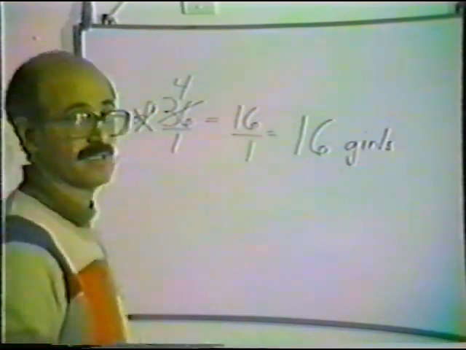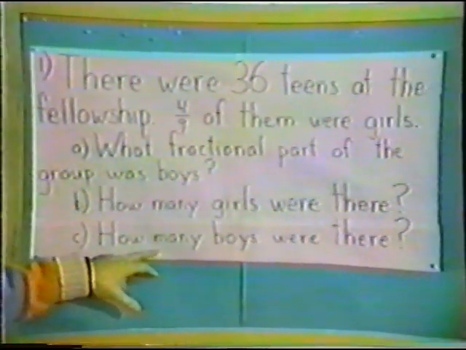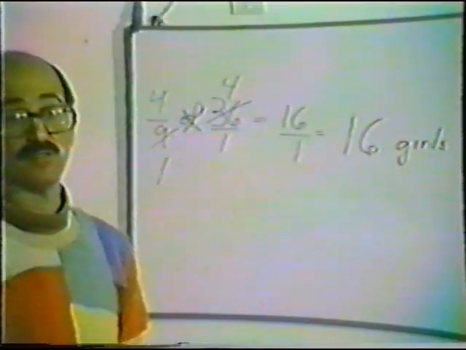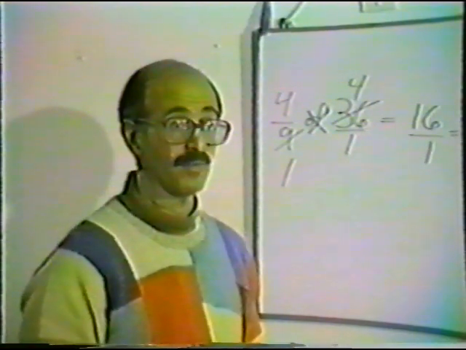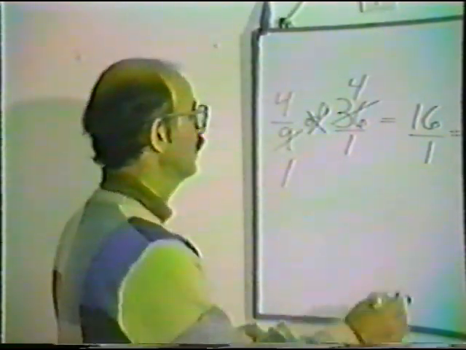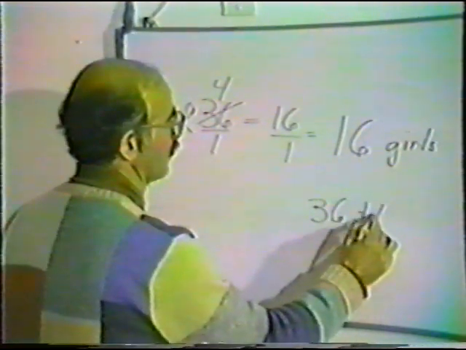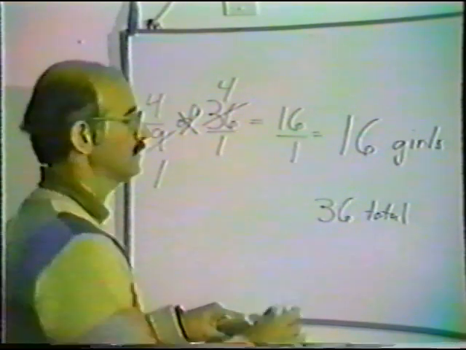Now, the last part of the question. How many boys were there? Well, there are 2 ways to do this. How many teens in the whole group? 36 total. How many were girls? 16.